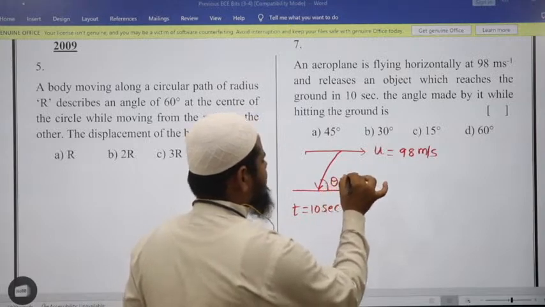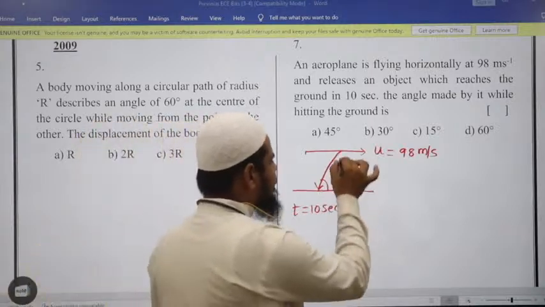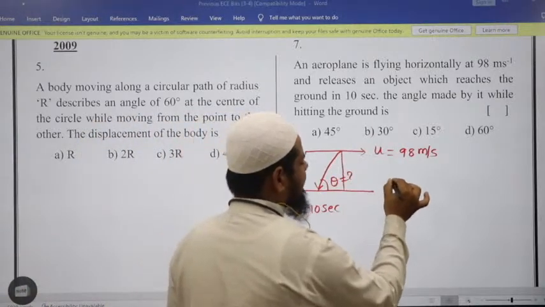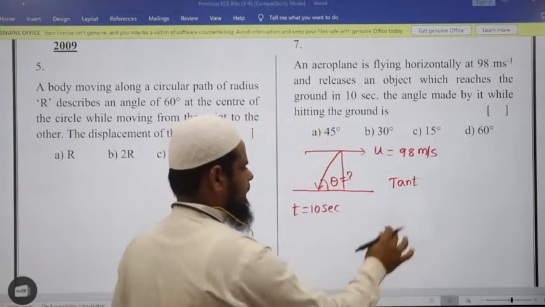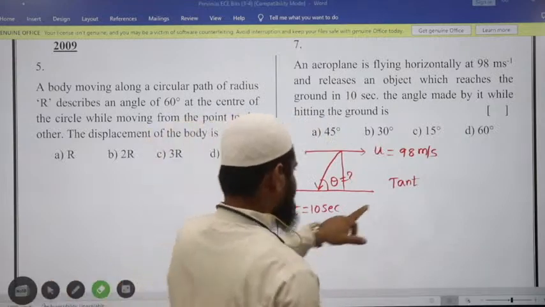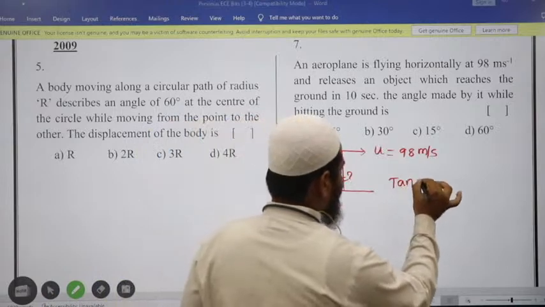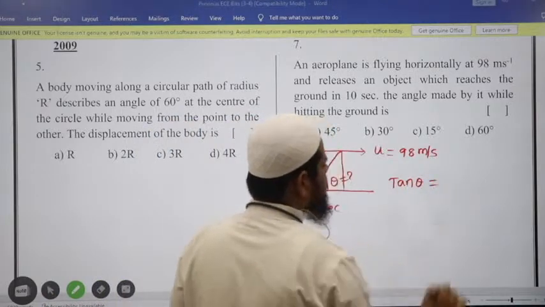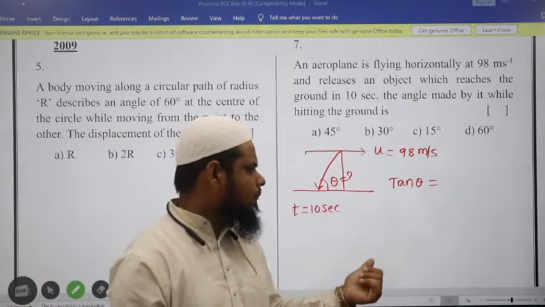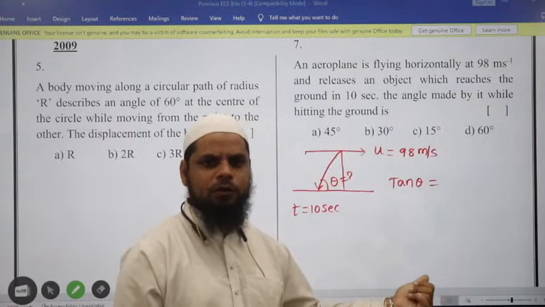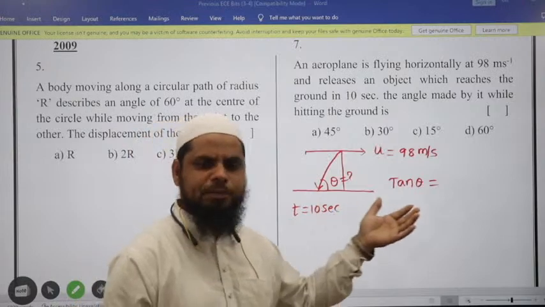This angle he is asking. In that case, we'll go with tan theta. So tan theta is equal to, we have two formulas. The one is gt by u, I can apply. The other one is root over 2h by g by u.